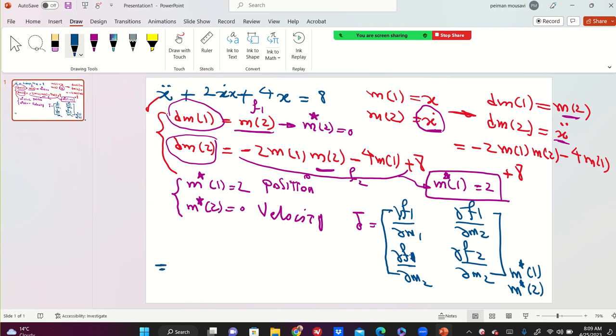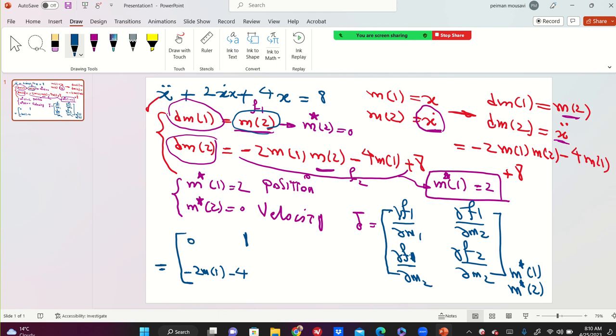So F1 over M1, we don't have any M1 here, so it's 0. With respect to M2, 1, because you have only M2. Then for F2, minus 2 M1 minus 4.